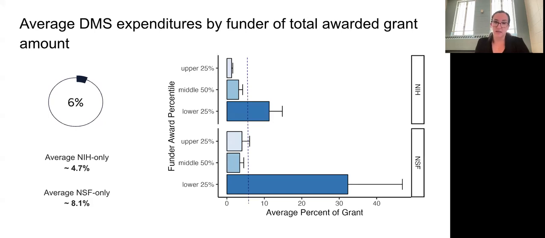So this was a place where, and we'll talk about in a little bit, potentially institutional support comes in, thinking about what kind of services are offered at the institution. How can we help offset those smaller awards to help them meet requirements?